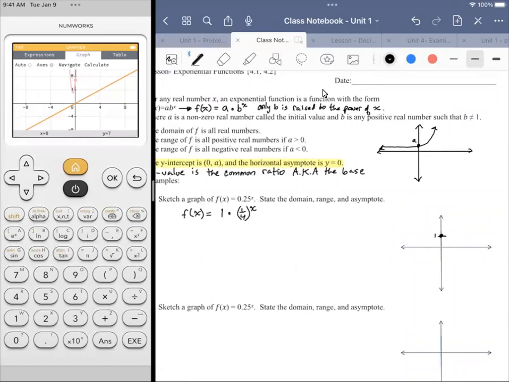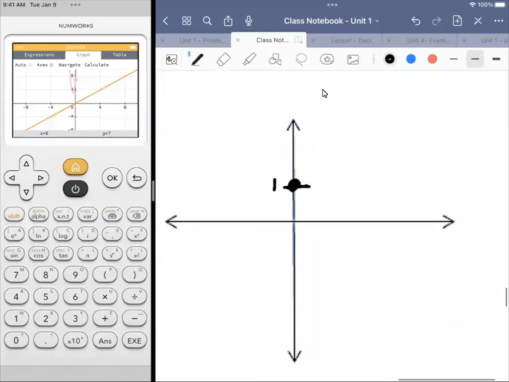But what's happening with that 1/4 is that for every increase in x, the y value is going to get cut based off of the base value. It's going to be 1/4 of the previous value. So my next entry, if I'm going to the right and going out 1 unit, is now going to be at 1/4 of the height that it was previously.